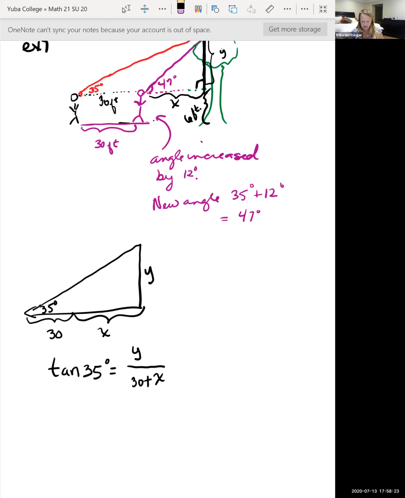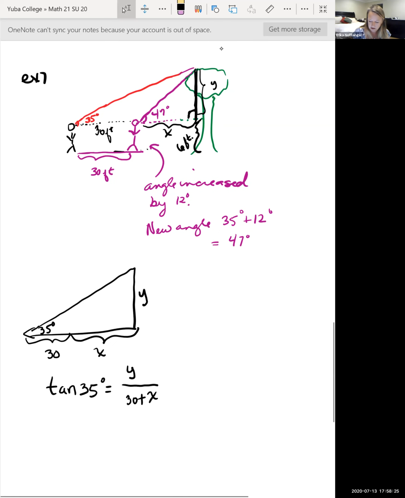Okay, so let's look at the smaller triangle that we have in here. We know that this angle in here is 47 degrees.